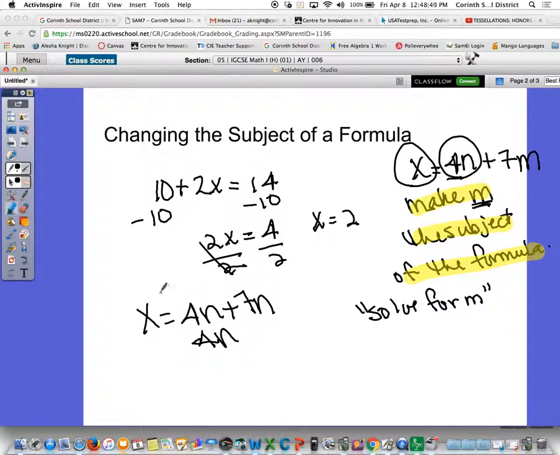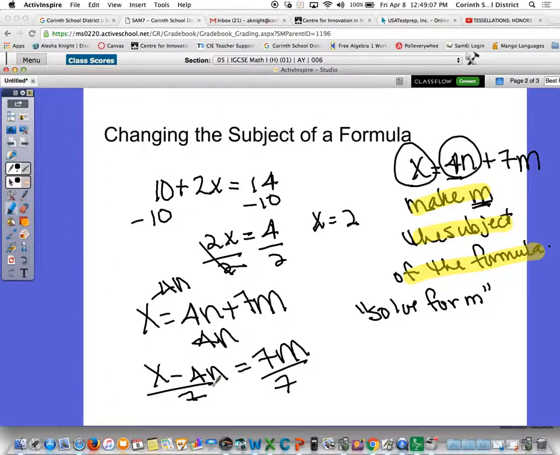Subtract the 4n. Now I can't write that as one nice, neat little number because they cannot be combined. Now what would I do to get m by itself? Divide by 7. So now you have made m the subject of the formula.